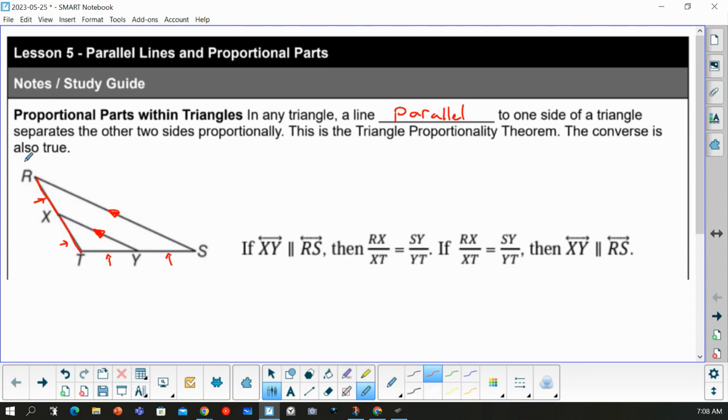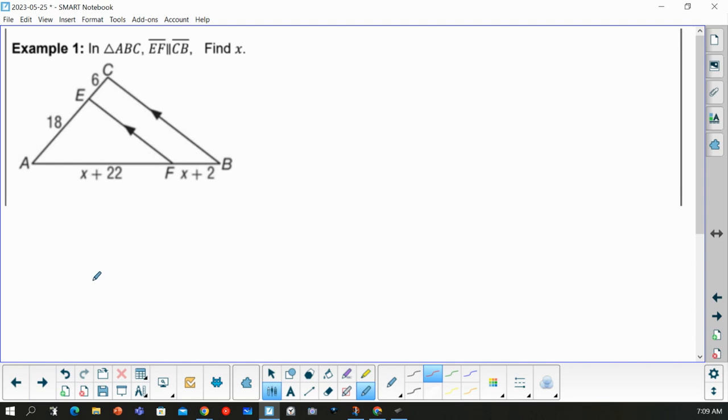So on one side, it's cut off proportionally. These two pieces here, and then these two pieces here, SY over YT. Whatever the lengths of those are, they're going to create a true proportion. In other words, whatever this number over this number is going to be equal to this one over this one.